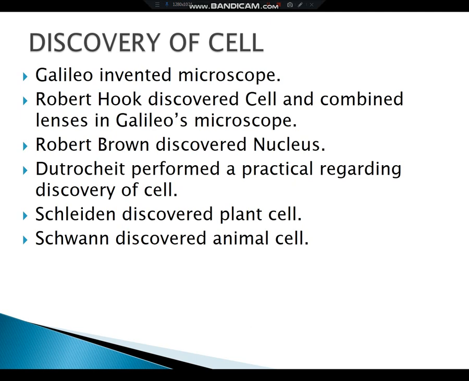Later on, there was a German scientist, Schleiden, who discovered the plant cell, and another scientist, Schwann, who discovered the animal cell. When Schleiden and Schwann discovered plant and animal cells respectively, from there we got a true difference between plant and animal cells.